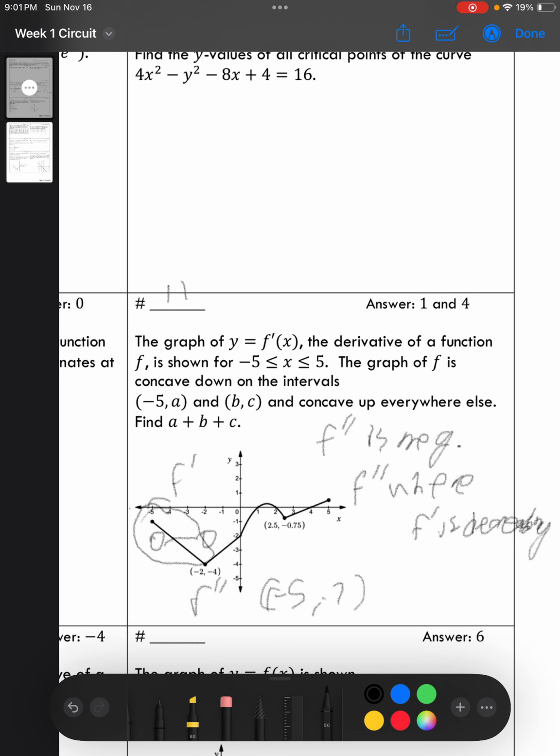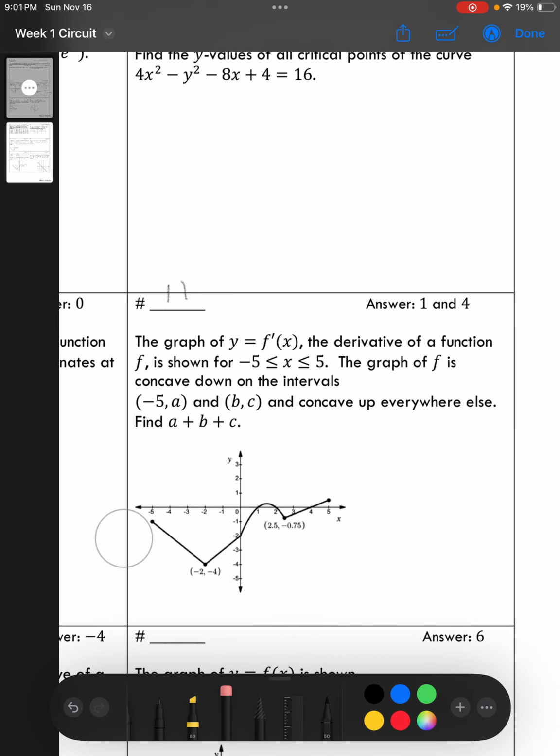Then also where it's decreasing is between here and here. I'm assuming that this point would be 1.5 and then 2.5. So we have our a, b, and c. If we add them all up, this would be 2. So our answer is 2.